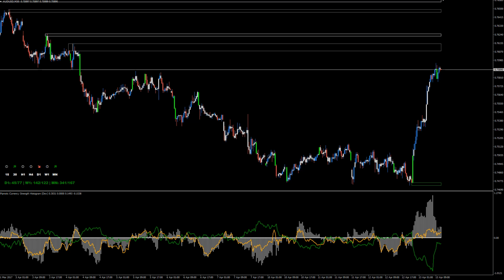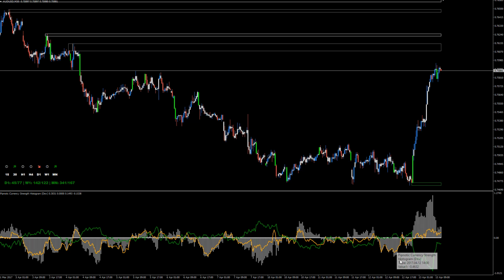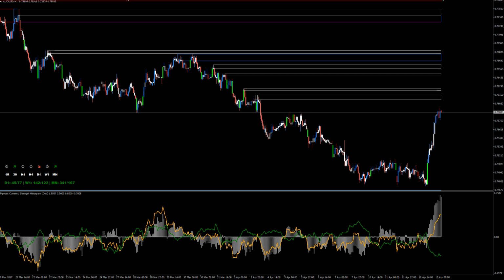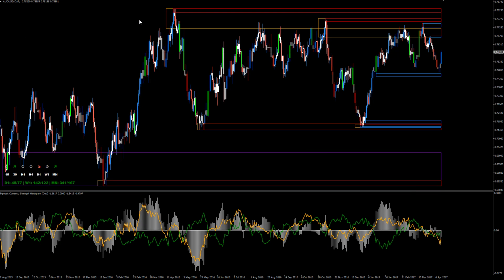You can go to the smaller time frames and you can see the same thing happening. We have a low, we have a lower low, but we see the histogram is slowly moving higher. We have a low and we have a higher low just here, and so the same thing is happening again. And so what you can do is you can go, for example, onto the daily chart.